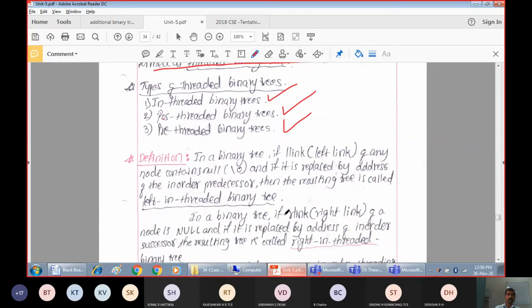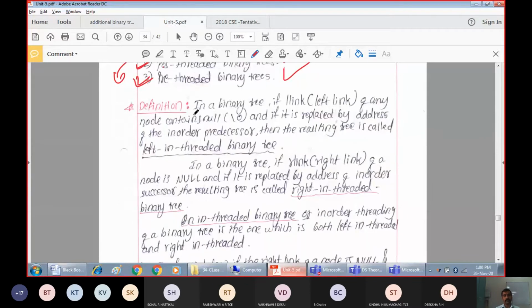I will take the in-threaded binary tree first. The remaining two are the same, only the traversal is different. For the in-threaded binary tree, write the in-order traversal first, then the remaining procedure. For the other two, write post-order and pre-order traversal first.